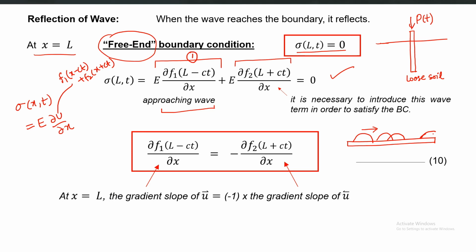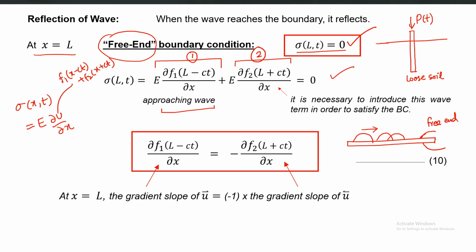So we have to have the second function also, which should be opposite to the first wave. Let's call it function number 2, and it should have exactly the opposite shape and value, so that they cancel out each other and the boundary condition is satisfied. The boundary condition is that stress at the free end is zero.